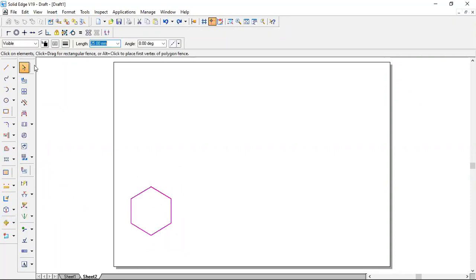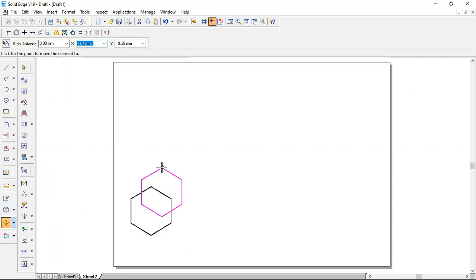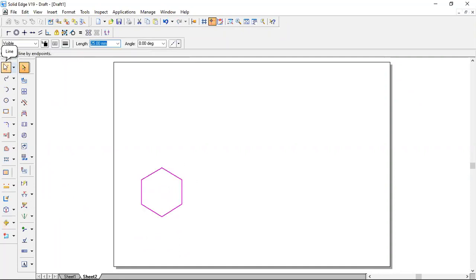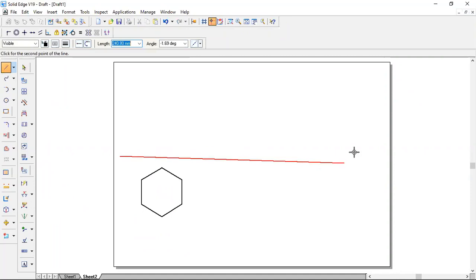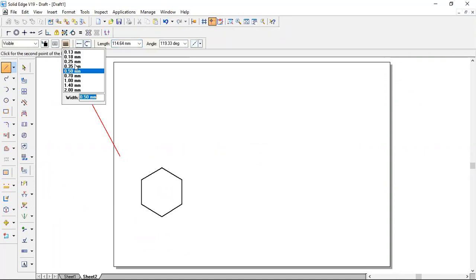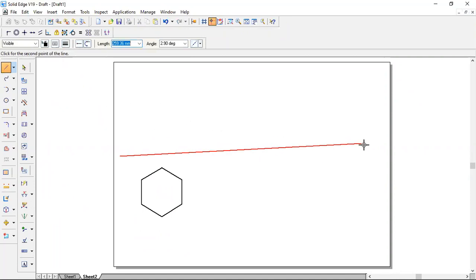Move a little bit nearer to the XY line. Now you draw the XY line. The XY line should be 0.18. So I draw the XY line.